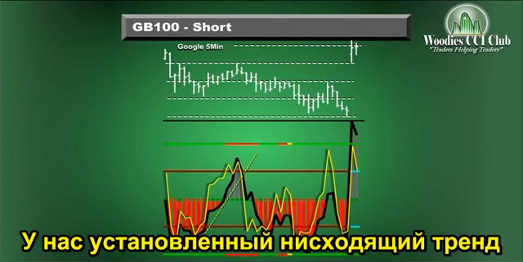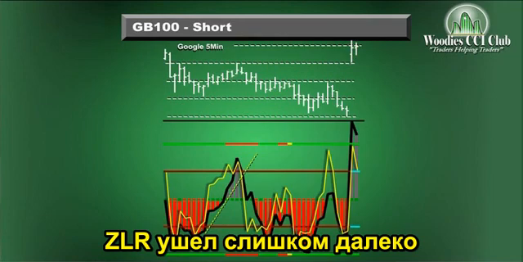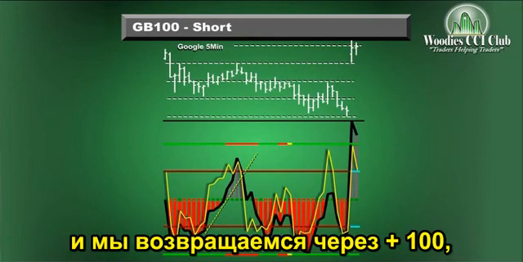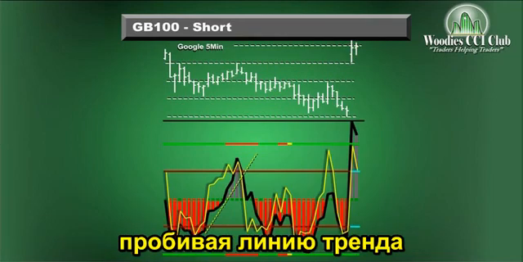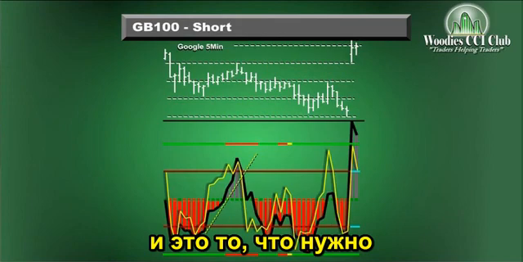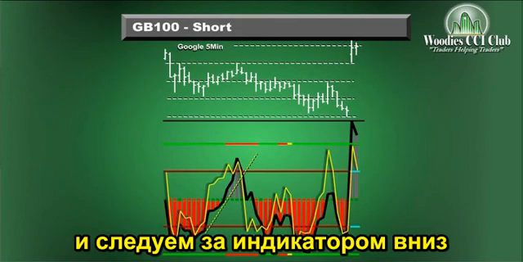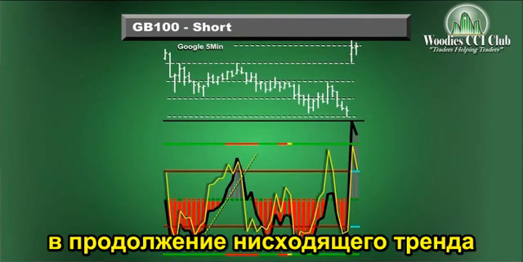We had a downtrend established, we had a pullback, a zero line reject that went too far, and we come back down through the plus 100, with a trend line break. Solid brown on the chop zone indicator is what we needed. Take the trade short and then follow it all the way down in the continuation of the downtrend.